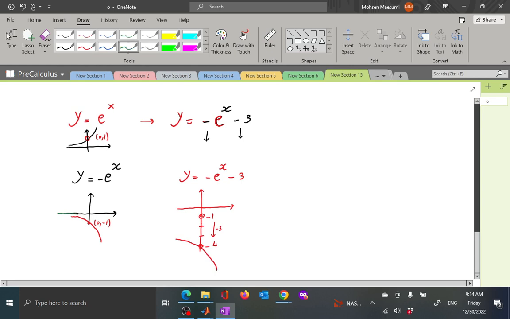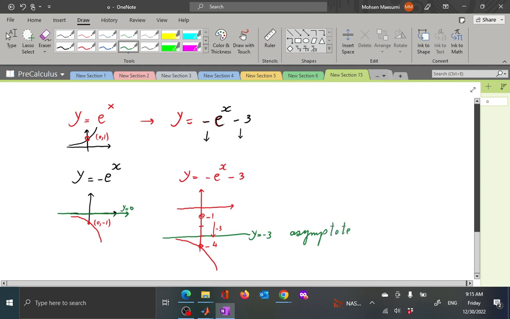Special line is the asymptote. Exponential has a horizontal asymptote. When you lower the exponential, then the asymptote of it is also going to come down. So this was at y equal to 0, just the x-axis. When you lower it, it's going to come to the line y is equal to minus 3. Okay, so this is the asymptote.